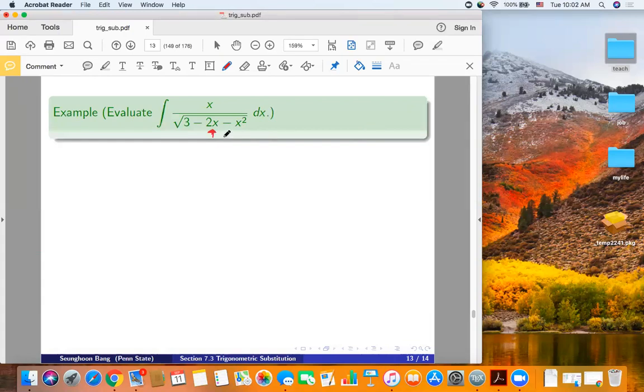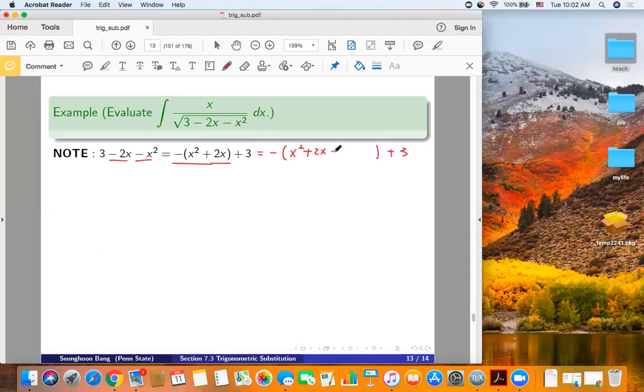You can change 3 minus 2x minus x squared by using completing the square. Do you remember completing the square? We can rearrange the negative 2x, negative x squared, and take out minus 1, so we have negative x squared plus 2x minus 3.